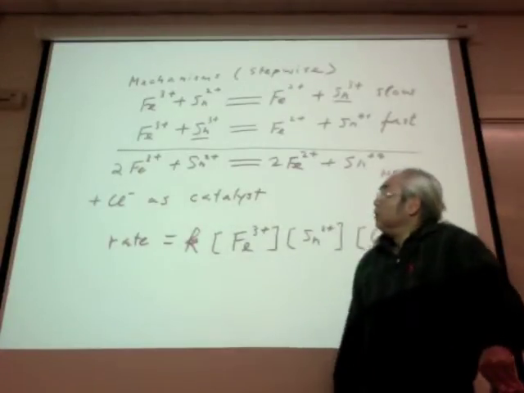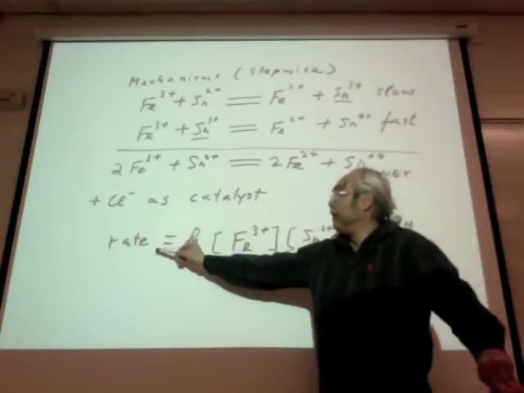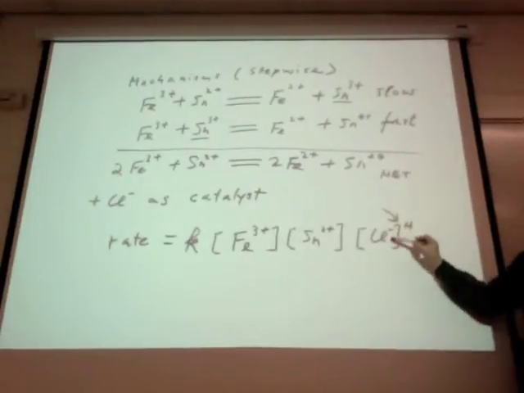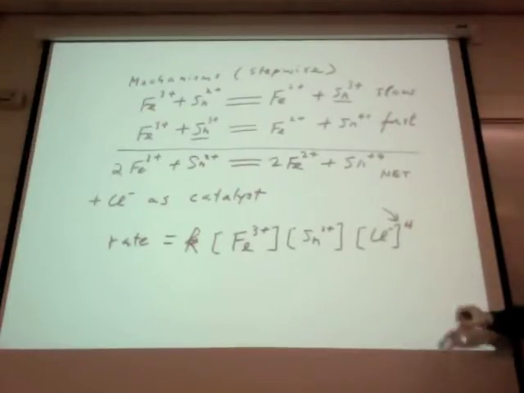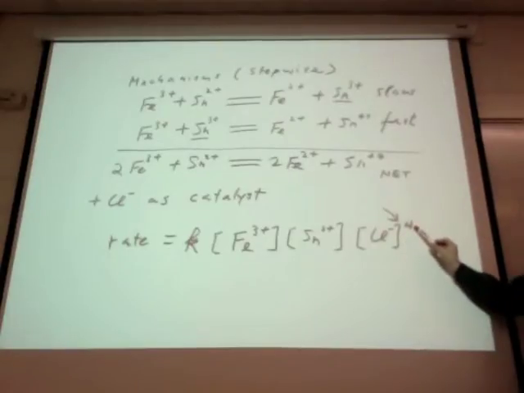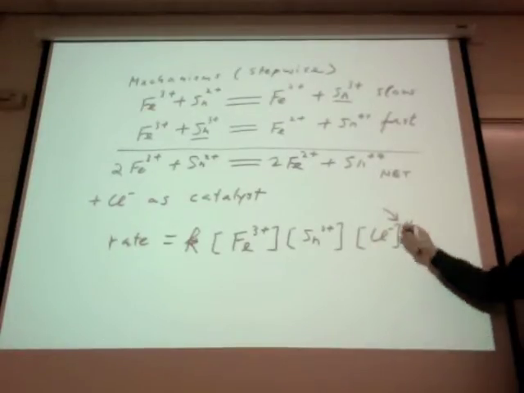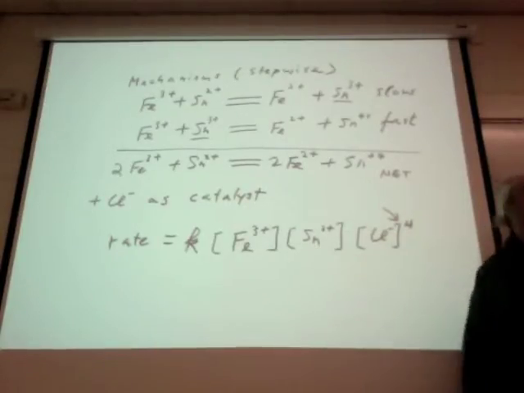Once you add chloride anion into the mixture, the reaction rate depends on the concentration of chloride to the power 4, right? So there's a tremendous increase in the rate, 10,000 times faster than the original rate.